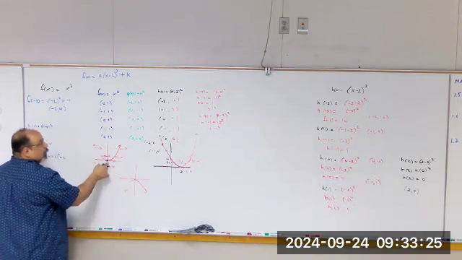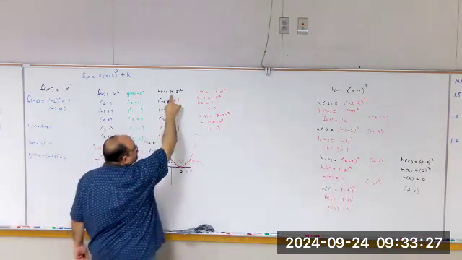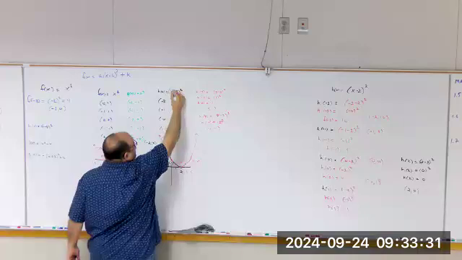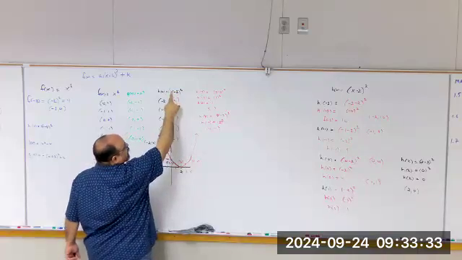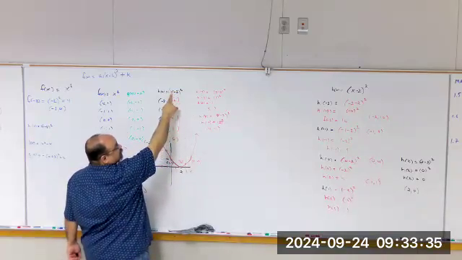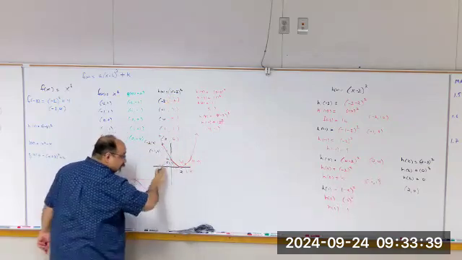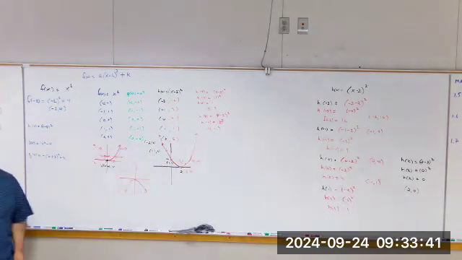With x minus 2, what value would you have to plug in for x to get us back to 0? Positive 2 or negative 2? Positive, so it would have to shift to the right. It's a horizontal shift, 2 to the right. Could we shift it the other way by making it x plus h?